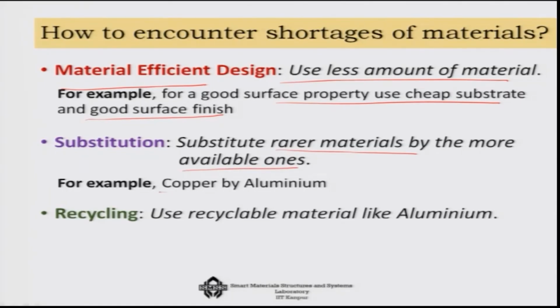For example, substitute copper by aluminum. In electrical wires we have seen that this has already taken place. Recycling: use materials which are recyclable, like aluminum. This has also been done today. So, these are certain strategies that you want to take in order to encounter the shortages of materials.